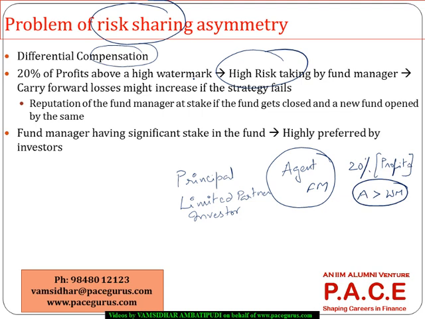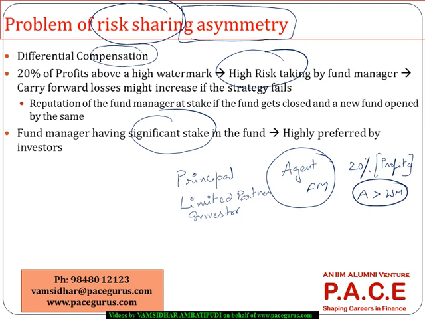So from an investor standpoint, if the principal agent problem or risk sharing asymmetry has to be removed, the investors prefer investing in that particular fund where the stake of the fund manager is much higher, because he is putting his own money. Whatever risk he is taking, he knows that his money is also at risk.